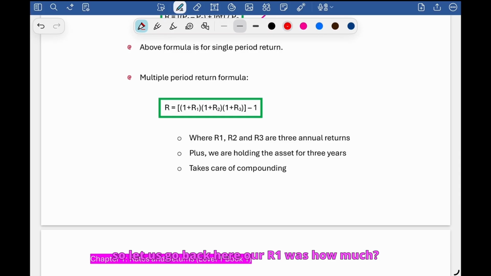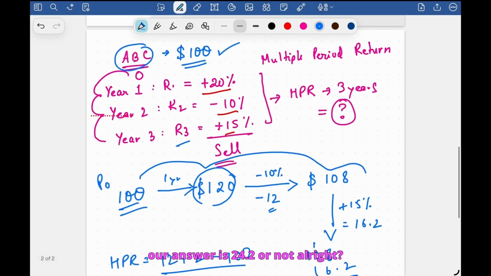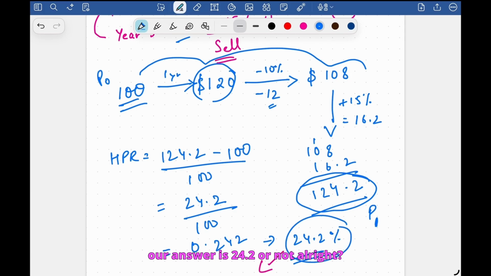Our R1 was how much? Plus 20%. R2 is how much? Minus 10%. R3 is how much? Plus 15%. Let's plug it over here and use this multiple period return formula and check if our answer is 24.2 or not. Alright.